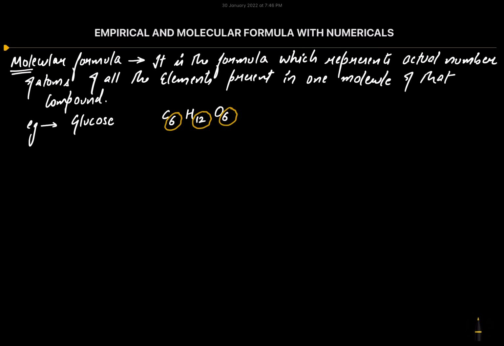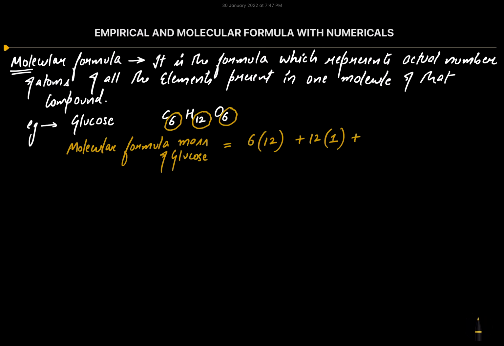Let me calculate the molecular formula mass of glucose. What's the atomic mass of carbon? It's 12. How many carbon atoms are we having? 6. What's the atomic mass of hydrogen? It's 1. How many hydrogens are we having? 12.